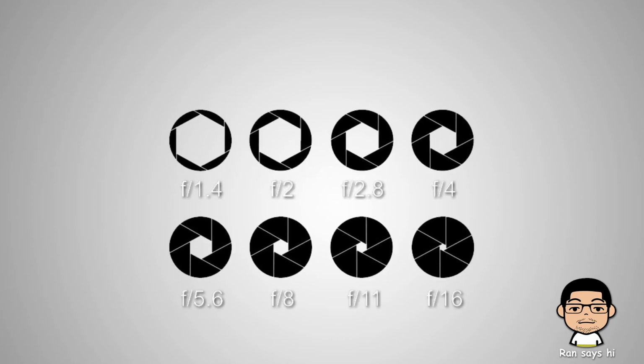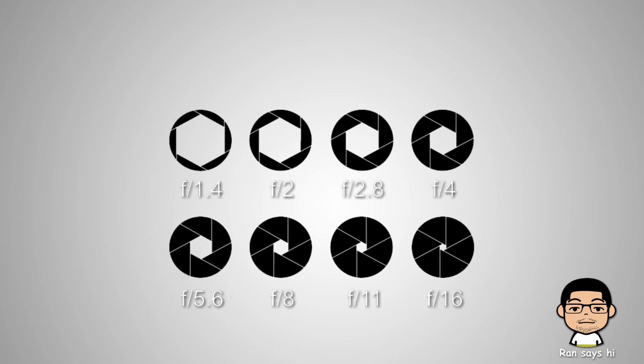To understand what square root 2 is doing here, you need to go back to your geometry class and think about how to calculate areas. So let's look at the apertures in f/2 and f/2.8. The aperture diameter in f/2 is 1.4 times as big as in f/2.8. However, the area grows at the power of 2.